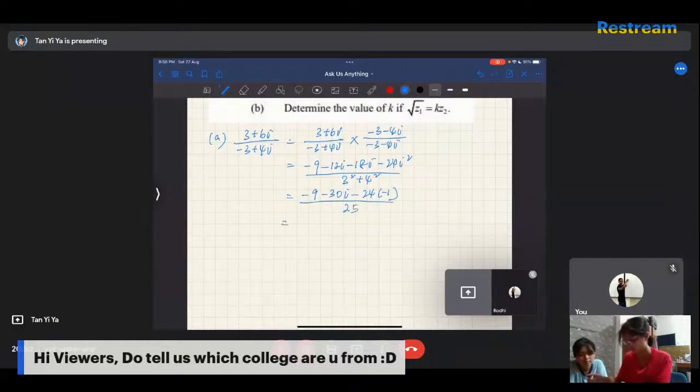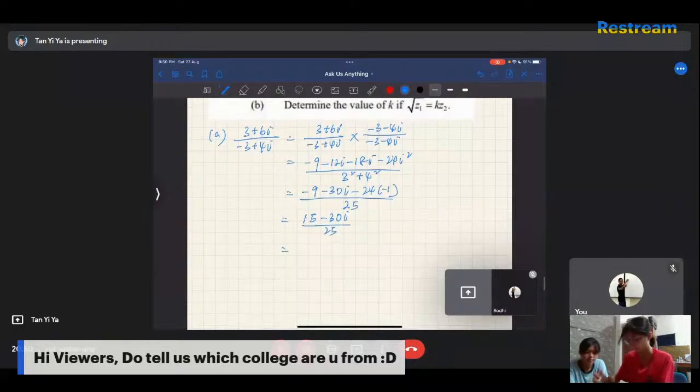So the value of the real number will be 15 minus 30i over 25. So we have to write in this way: 15 over 25 minus 30 over 25i. So just simplify it and it will become this way.